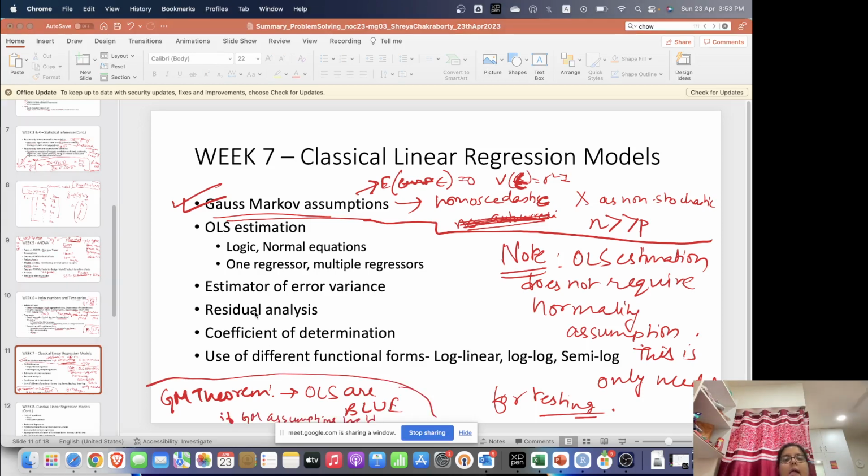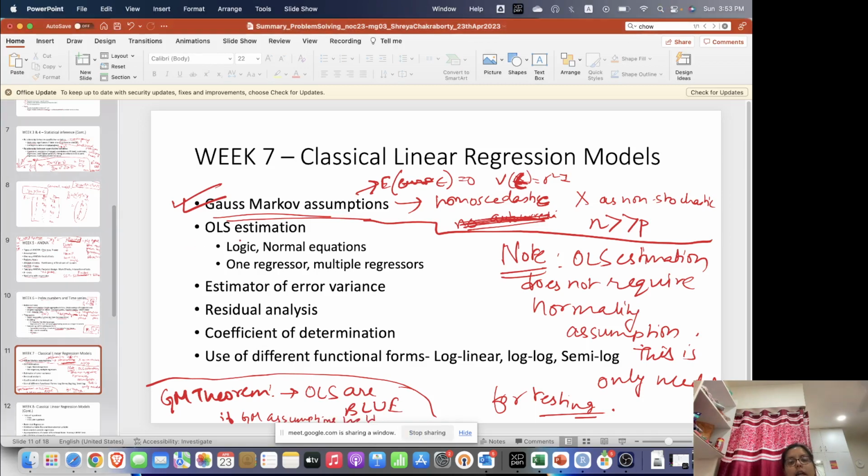Then we learned about how to get OLS estimation. The logic, as I was saying, if we have a plot over here, we want to fit a line in such a way that these vertical distances are minimized, and the way to do it is to write down the model, differentiate partially in terms of the unknown parameters, equate them to 0, solve the system of equations and get the values. It's the same thing in case of one regressor or multiple regressors.